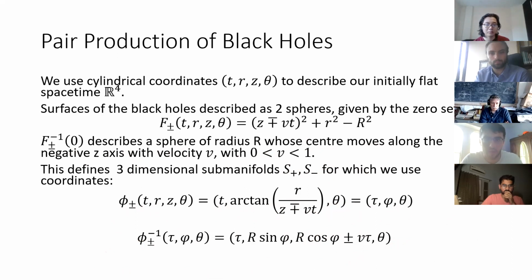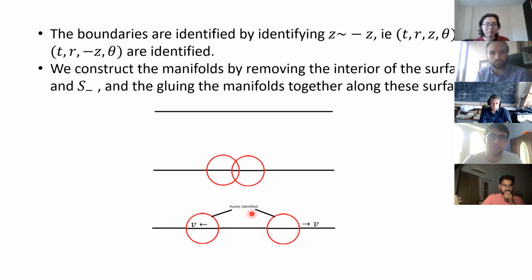And so then what we do is we remove the interiors, or the world volumes, of these spheres. So you remove the interiors of the spheres from the manifold, and then you basically glue it together along these surfaces. So in the new manifold, points here are actually right next to this point here in some sense.